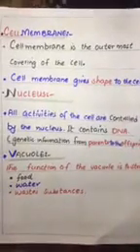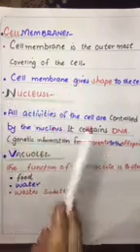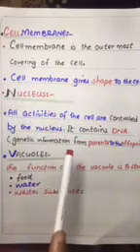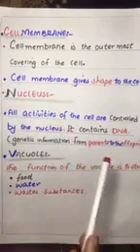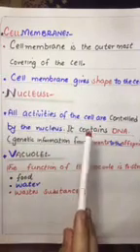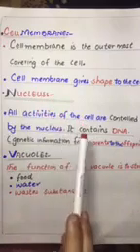Cell membrane. The cell membrane is the outermost covering of the cell, and some scientists say that the cell membrane also works like a gatekeeper. Why does it work like a gatekeeper? Because a gatekeeper allows people who are familiar to your family into your home and doesn't allow a person who is not familiar.